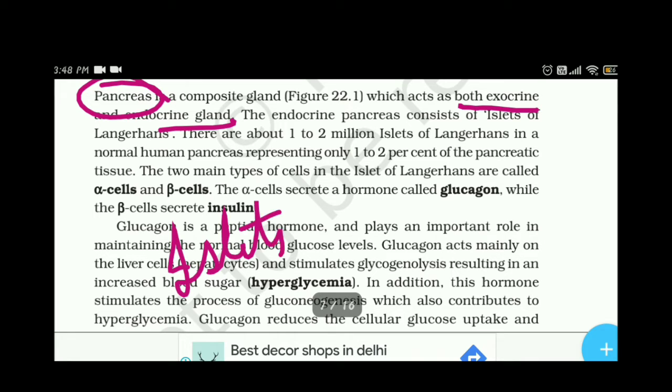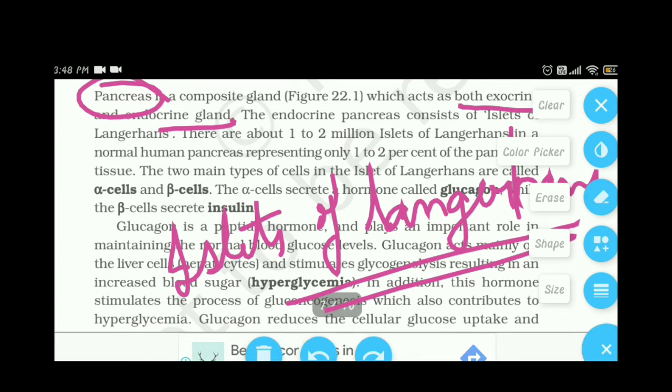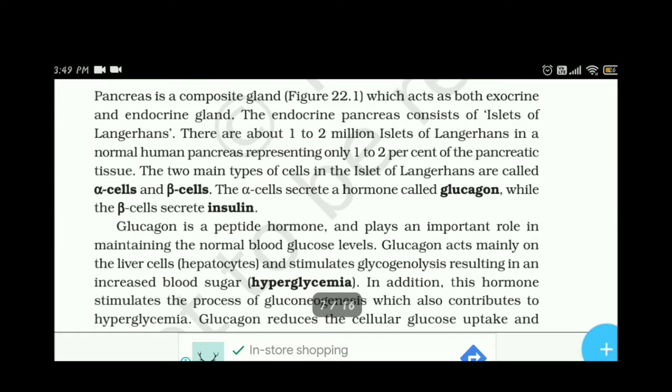There are about 1 to 2 million islets of Langerhans in the normal human pancreas, which make up 1 to 2% of the pancreatic tissue.